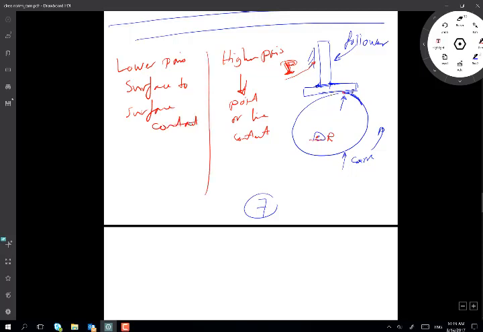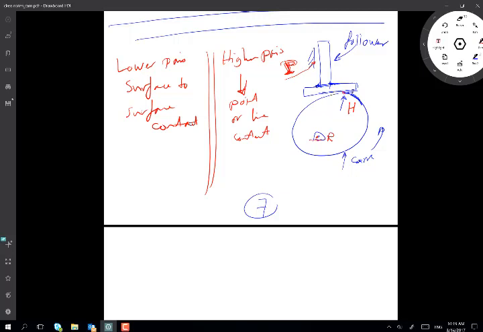Right, so this here is a higher pair. So we have our lower pairs, the common ones like R for revolute and P for prismatic, for the plane, and the special ones like ball and socket and cylindrical.